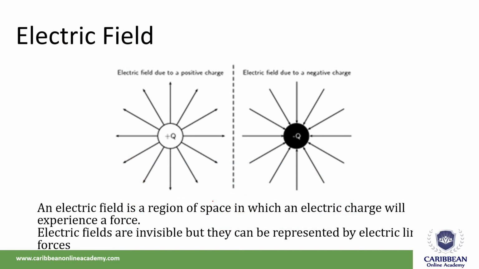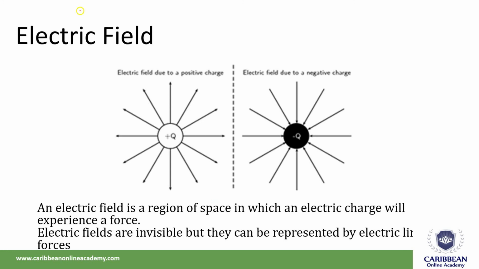So, an electric field is a region of space in which an electric charge will experience a force. It's that region around a charge in which another charge can experience a force. Whenever we're talking about electric fields, these are invisible lines, but we can represent them by using electric lines of force.